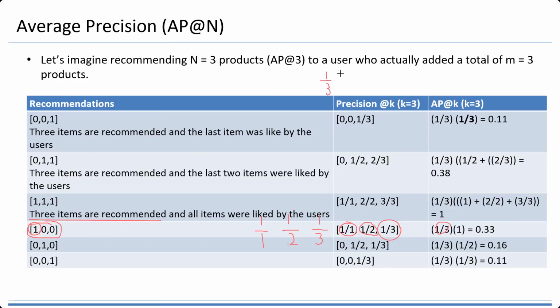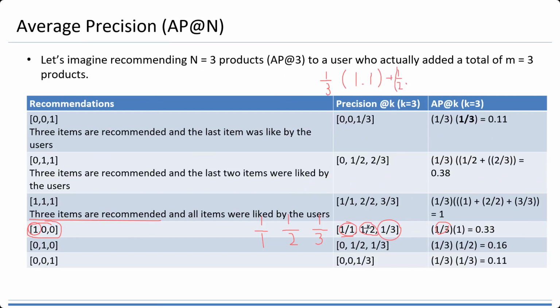And we will multiply with 1. This is the precision, whether it exists or not. It is a relevant item. Plus 1 divided by 2. Is it relevant?